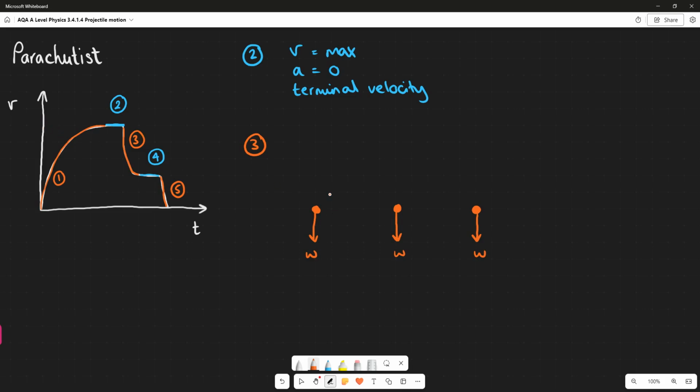And so what happens is that they open their parachute and the drag, which was at this level before the parachute, increases very, very dramatically to a very, very high level indeed.